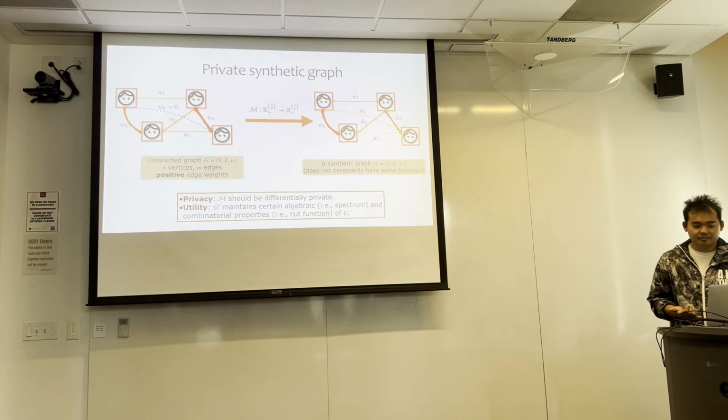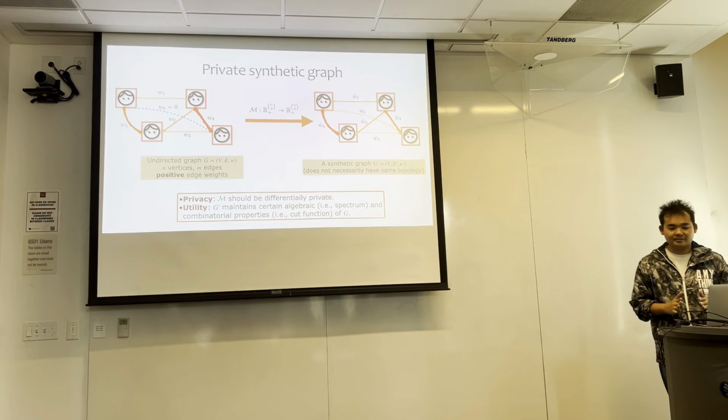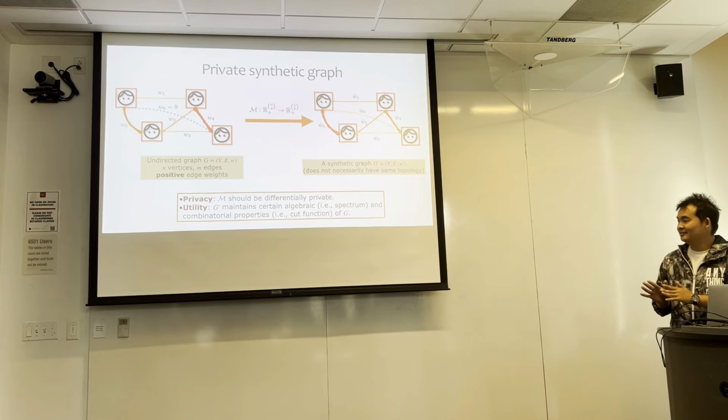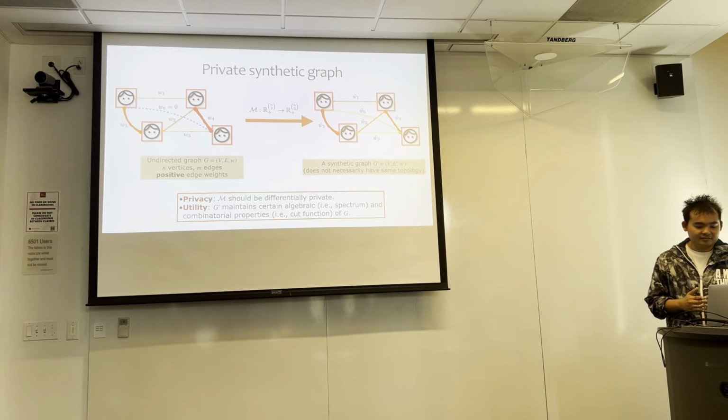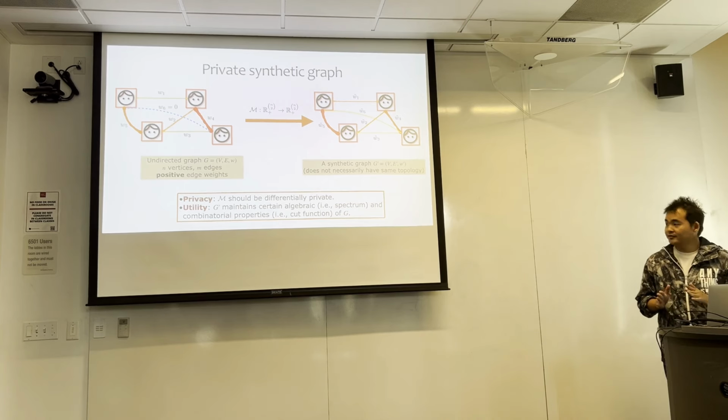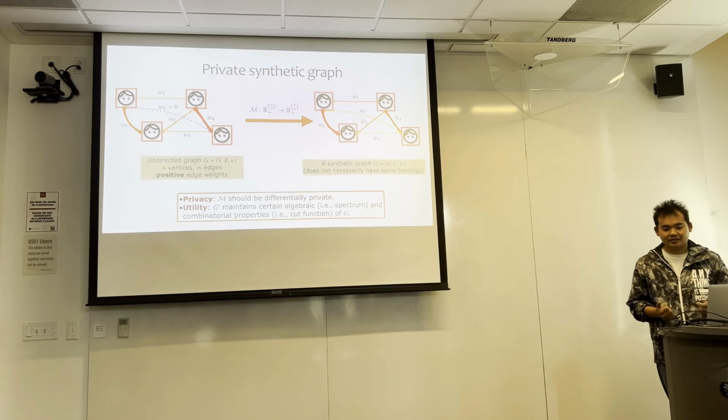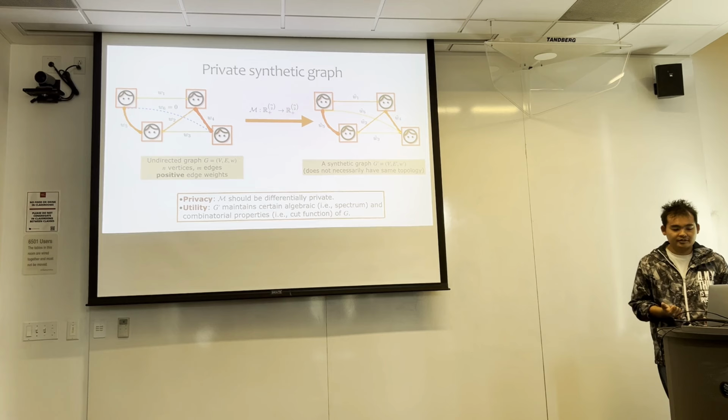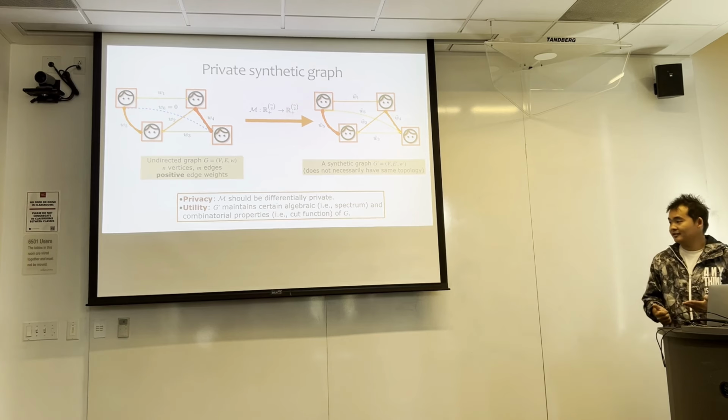For the privacy part, we want the mechanism M to be differentially private. I will introduce what it is later. After we have this, you can learn anything you like from the synthetic graph without any compromise of user privacy. And for utility, we would like the output graph to preserve some cuts or other combinatorial properties of the graph, like max cut or min cut.